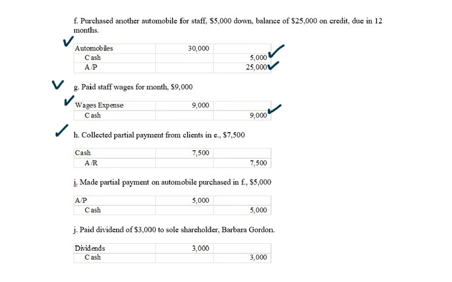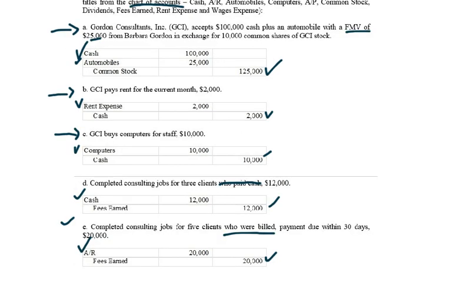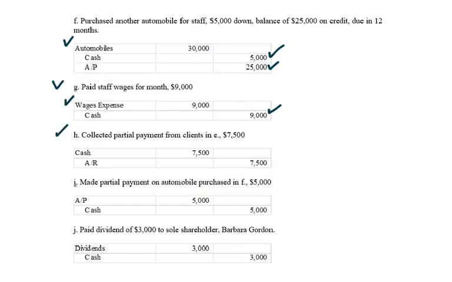H, collected partial payment from clients in E. Remember that one was for $20,000 in AR. So $7,500 of that is being paid to us. If you just say collected cash from clients on account, that's another thing I could say.